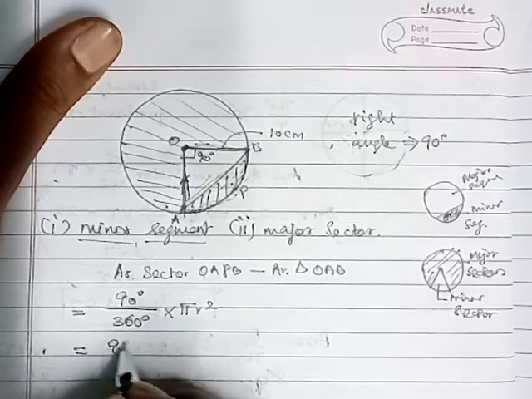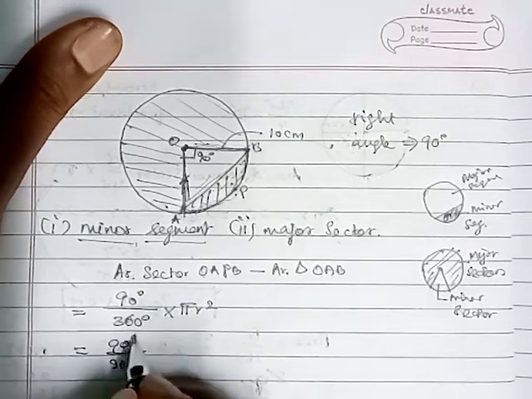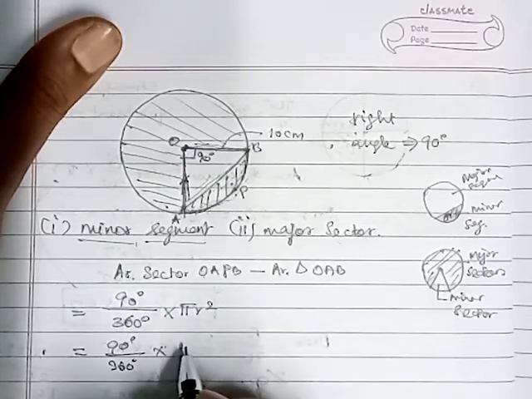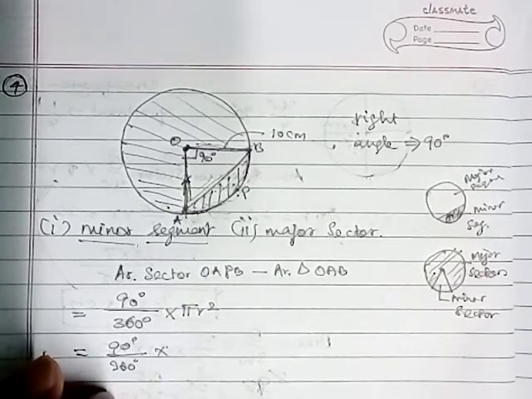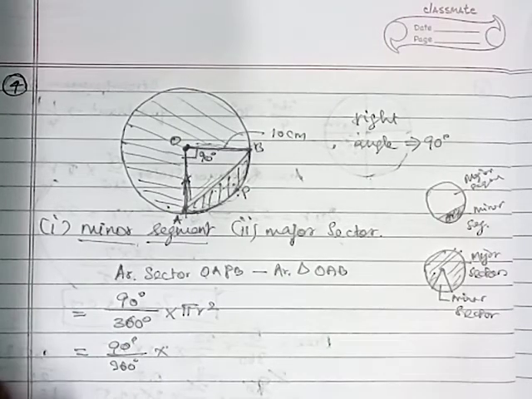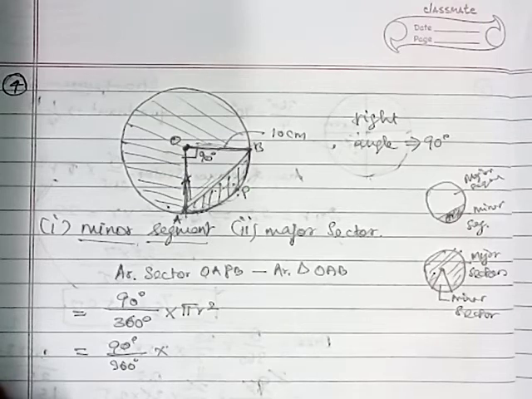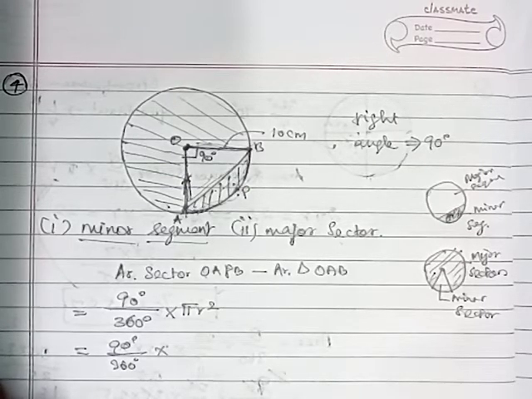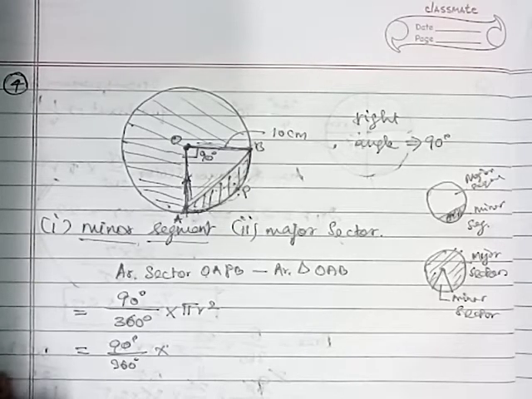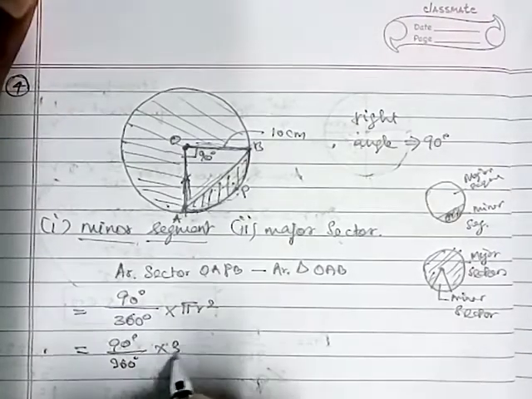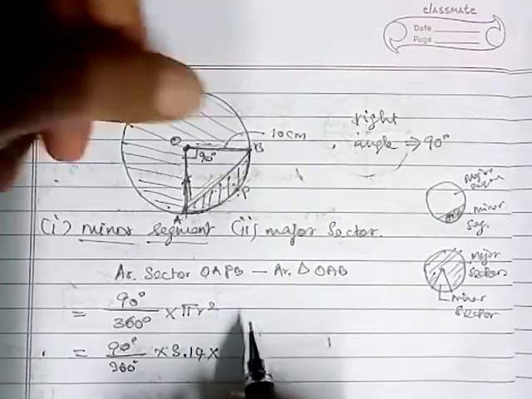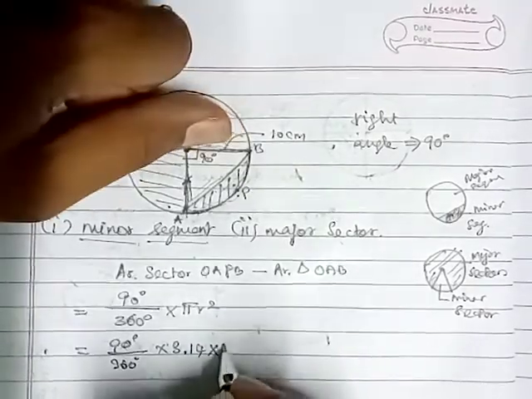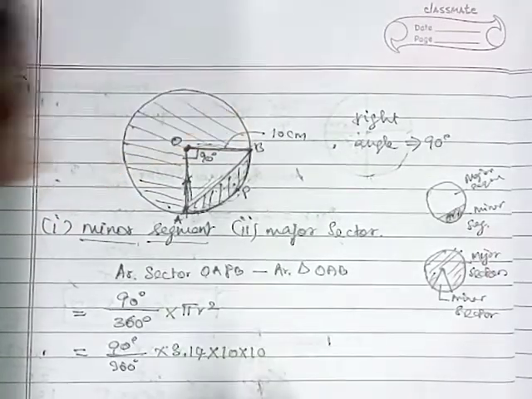This is 90 degree by 360 degree into pi. pi வந்து நமக்கு என்ன யூஸ் பண்ண சொல்லியிருக்காங்க? 22 by 7 or 3.14. We have to use 3.14. Yes, it is mentioned use pi is equal to 3.14. Okay, so we have to put the value 3.14 for the pi r squared, r that we know already, that is 10 into 10, right?